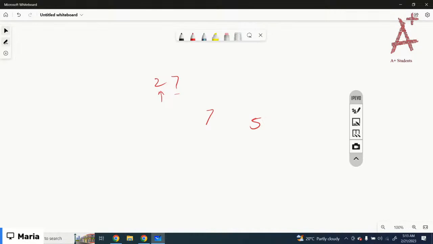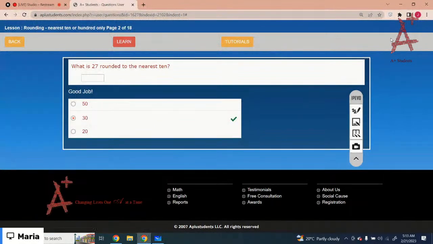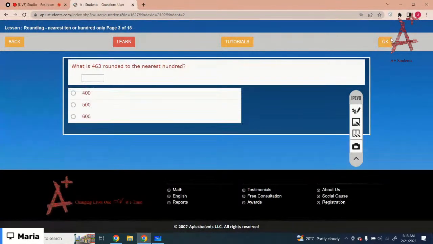So 7 is greater than 5, so you have to round up. Round up means you have to add 1 to the 10's digit, so it would be rounded off to 30. Got it? So 27 is rounded off to 30. Got it? No one is answering why.